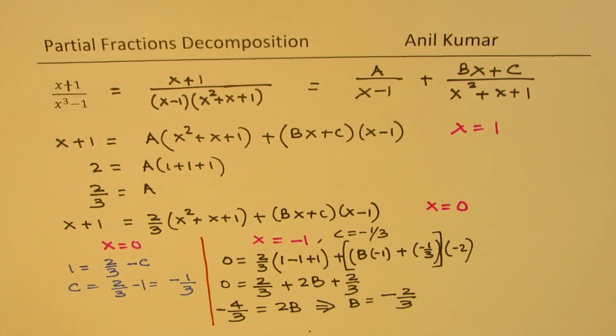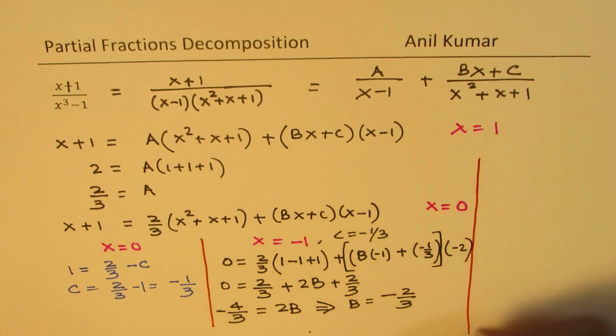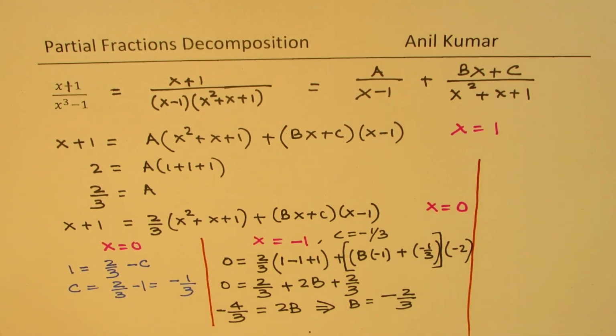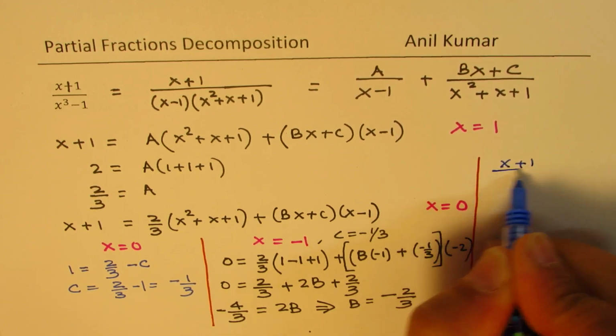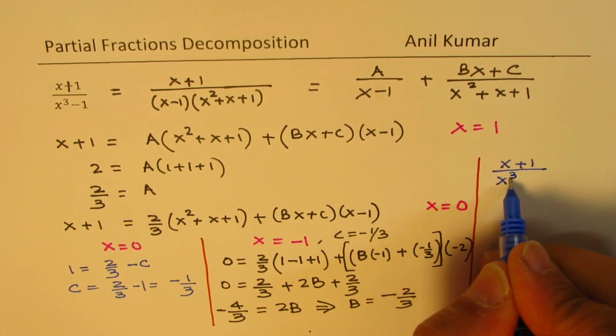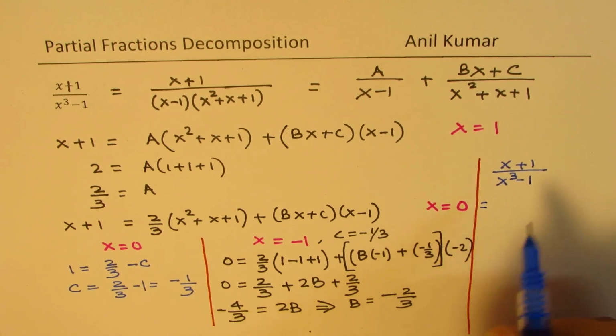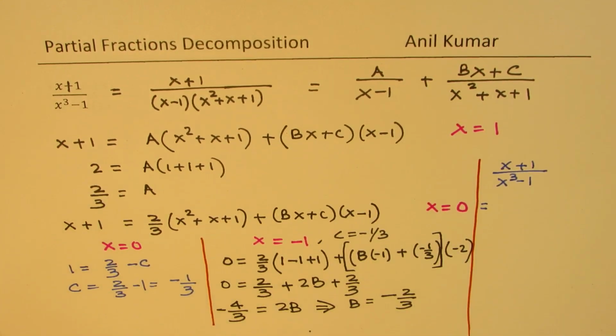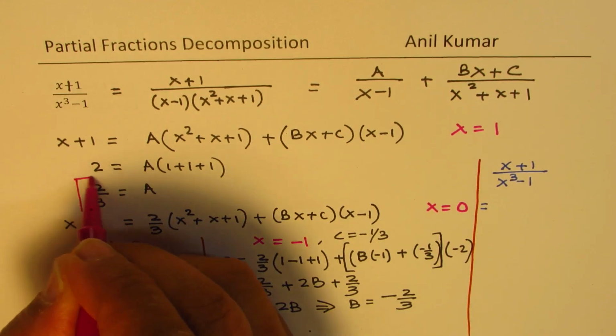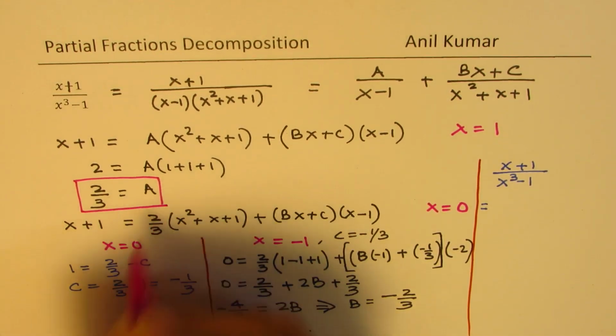So now we have all the three values. We can write down our expression. Let me just write the answer on this side. We changed the question, it became very interesting. X plus 1 over x cubed minus 1 could be written as a, the value of a which we found was 2 over 3. Correct.